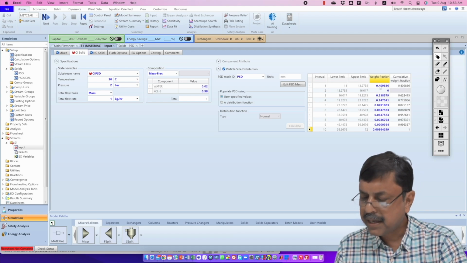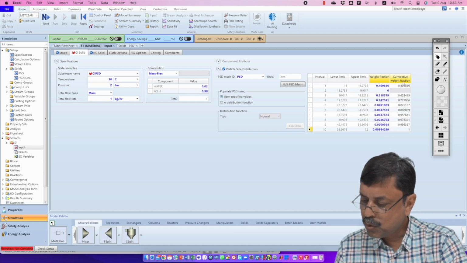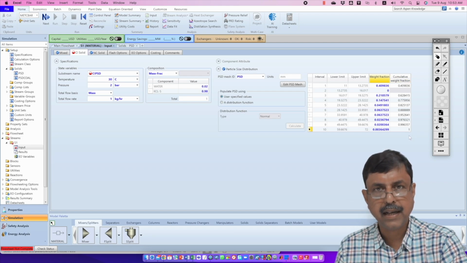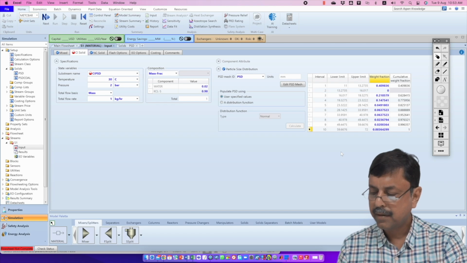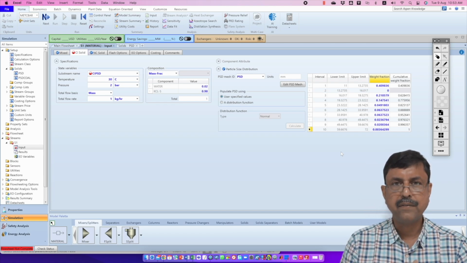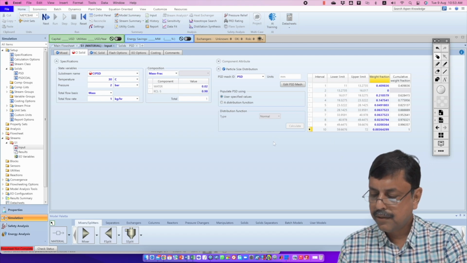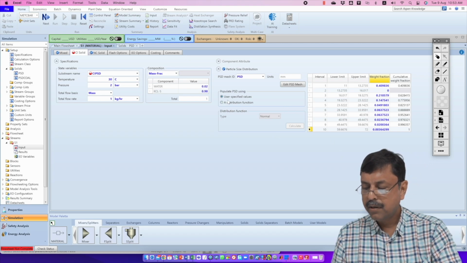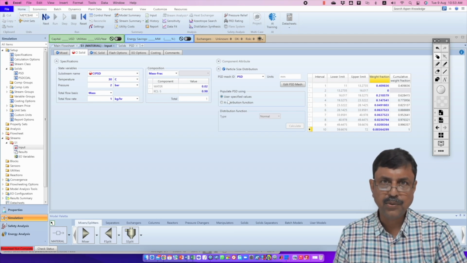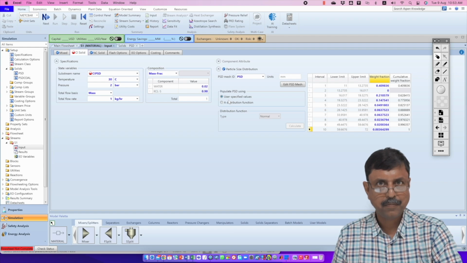So the weight fraction has been given over here, and the cumulative weight fraction is calculated over here. So cumulatively, it will go up to 1. Okay. So that is how you can fix your weight fraction over here. So this is how the user specified values can be entered in the PSD.